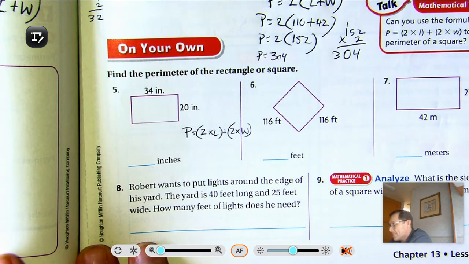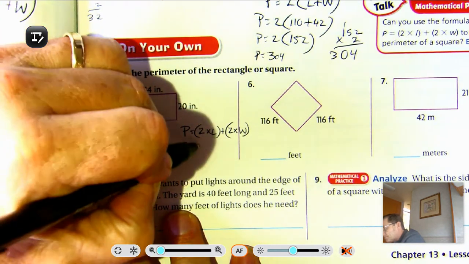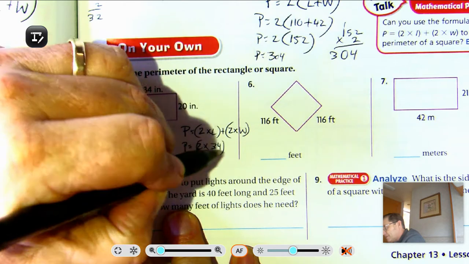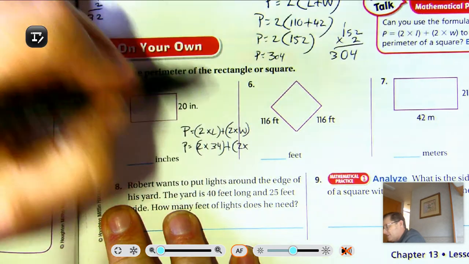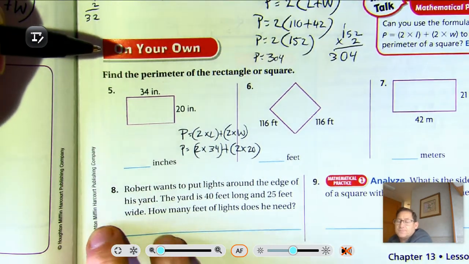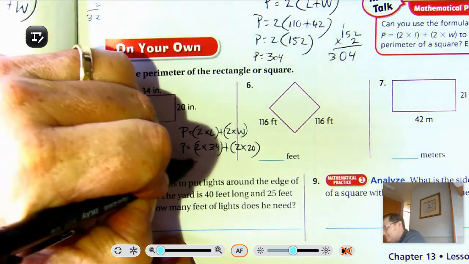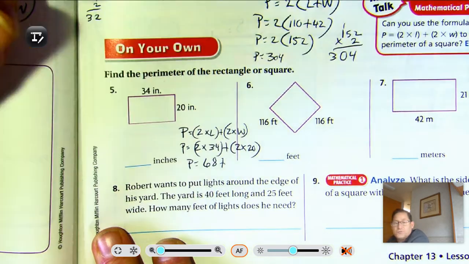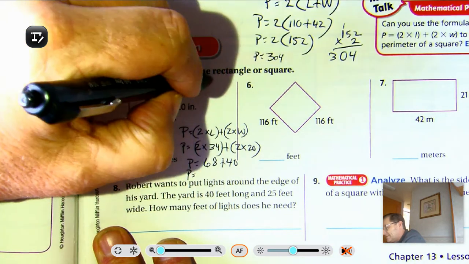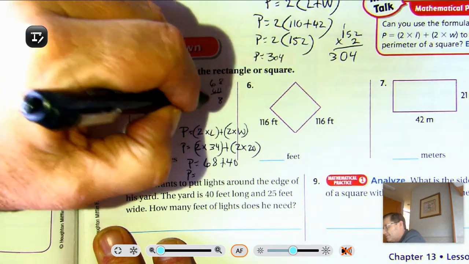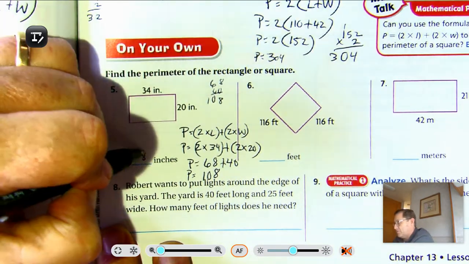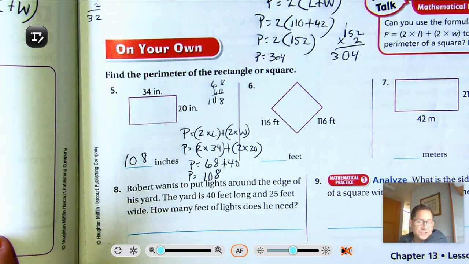Okay. 2 times 34 plus 2 times 20. 2 sets of 34. That's 68. 2 sets of 20 is 40. So what is 68 plus 40? It would be 108. So the perimeter of number 5 is 108 inches.